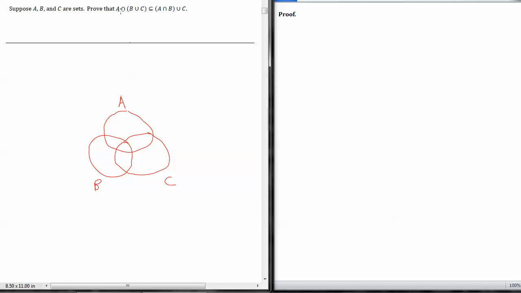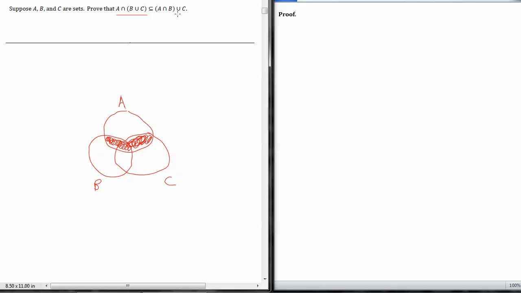And the left side of this expression here says A intersect B union C. Right? B union C would just be everything in either of these circles. And then the part of that, which is also in A, would be just these 3 sort of pieces here, right? So that's the set on the left-hand side. And then that's supposed to be a subset of the right-hand side.